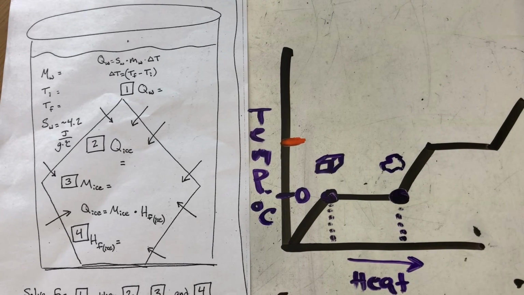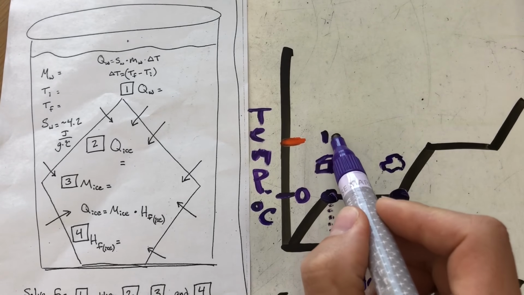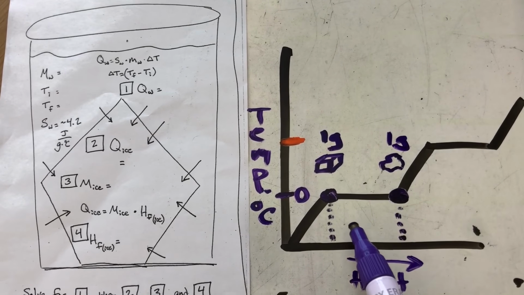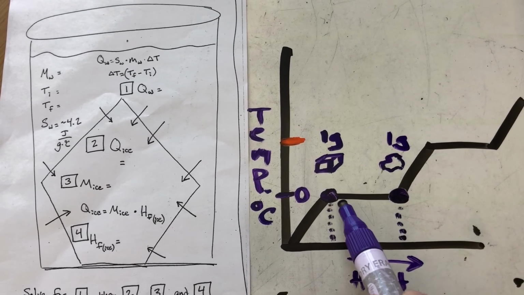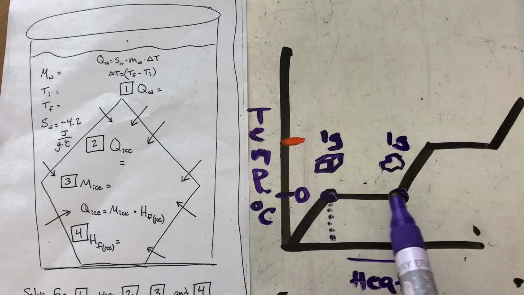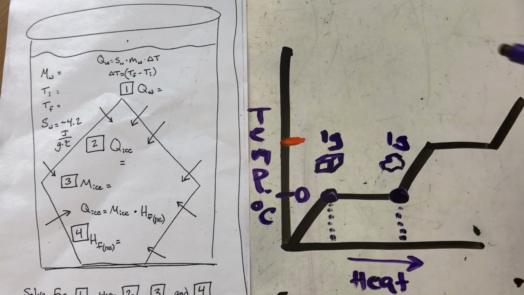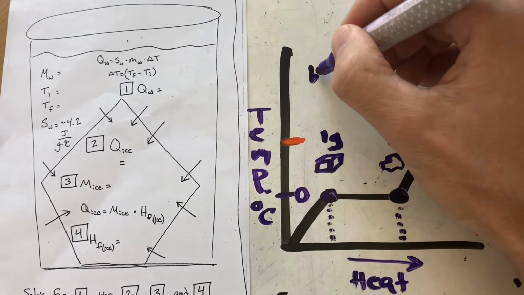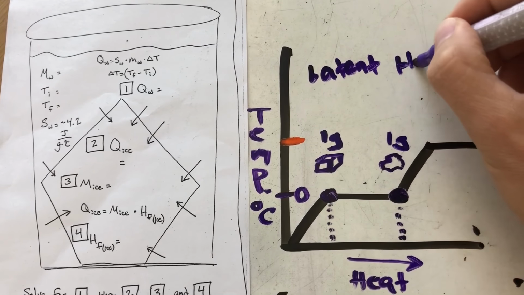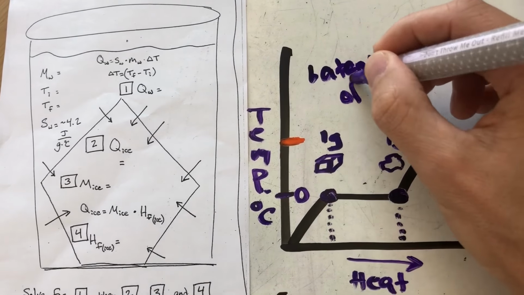Okay, so if we say that this is 1 gram and 1 gram, then when we are trying to find out how much heat was required to go from here to here, this ends up being called our latent heat of fusion. Latent heat of fusion.